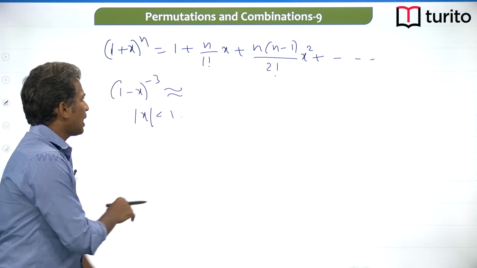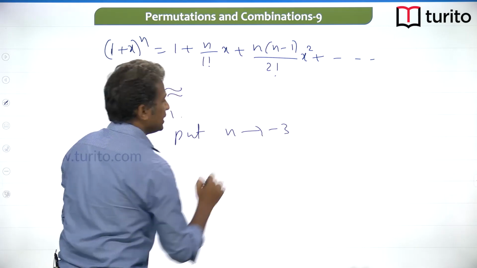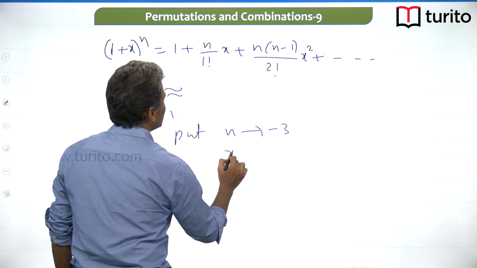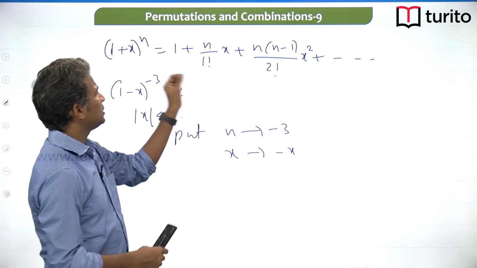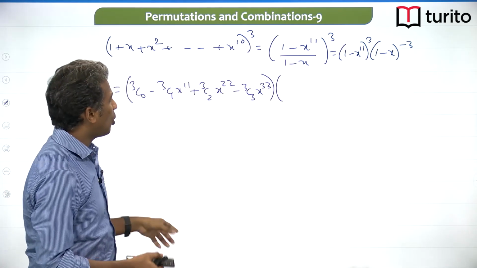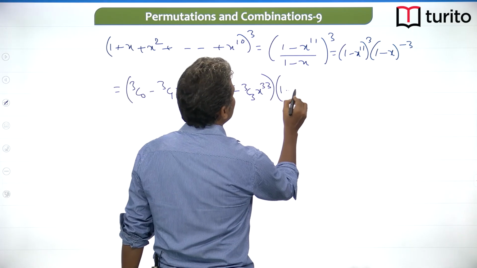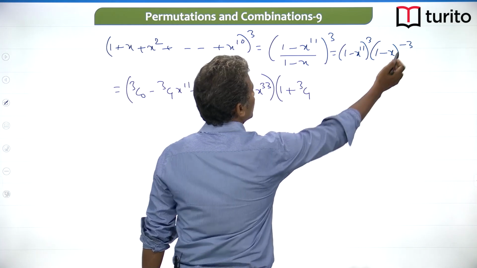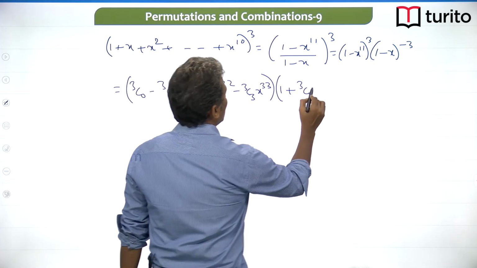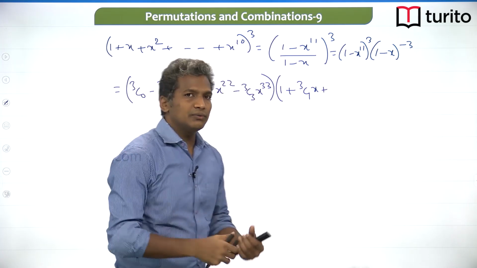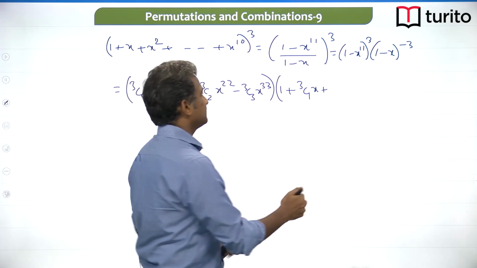These are the only changes: put n to be minus 3 and put minus x in place of x, that's it. If you do this, you are going to get the required expansion, or you can remember the pattern that I am going to discuss. The pattern starts like this. It starts with 3c1, whatever is the power here, with that c1 will start, and this is x, and now 3 will go for plus 1 and this 1 also will go for plus 1.